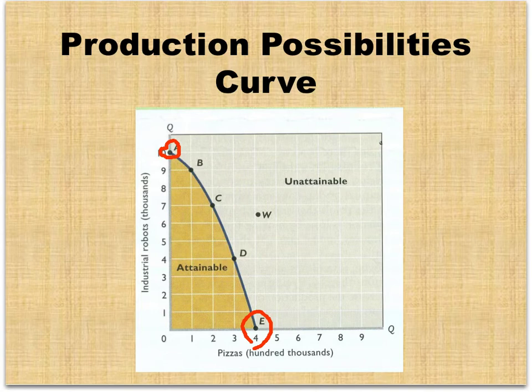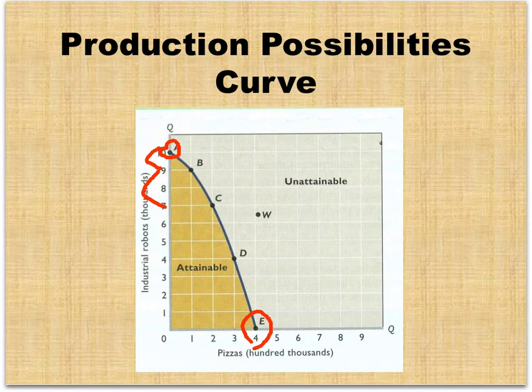To get a unit of pizza, which is what point B is, we have to give up 1 unit of robots. So opportunity cost for that first unit of pizza is 1 unit of robots. To get to C, which is 2 units of pizza, notice we have to give up 2 units of robots, whereas for the first unit we only had to give up 1.